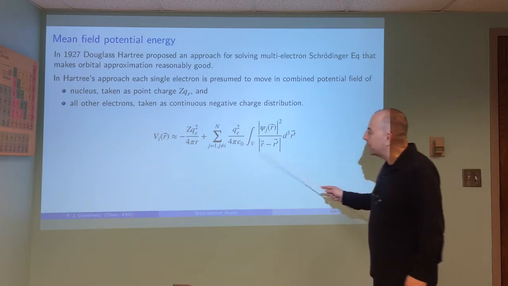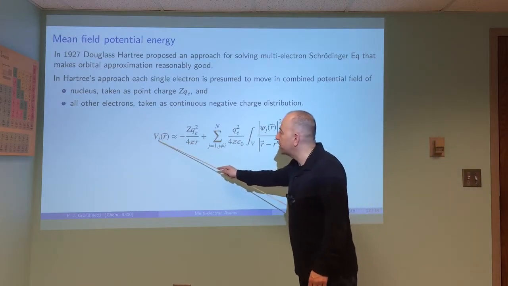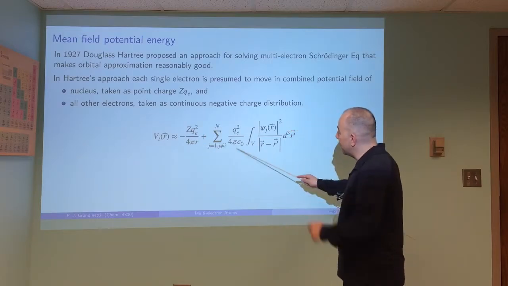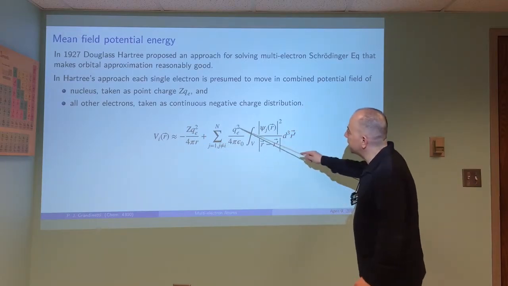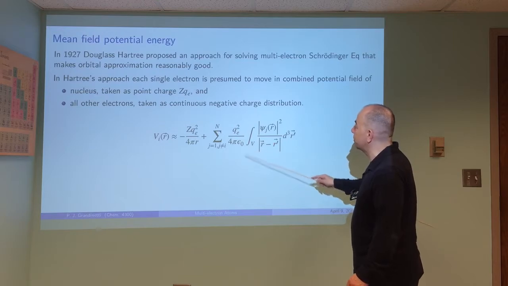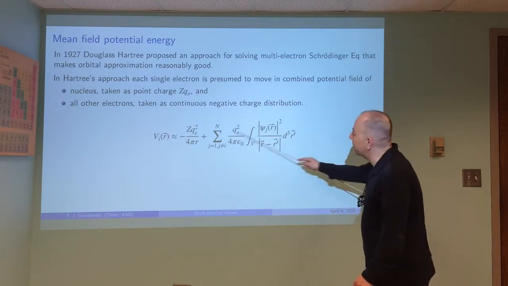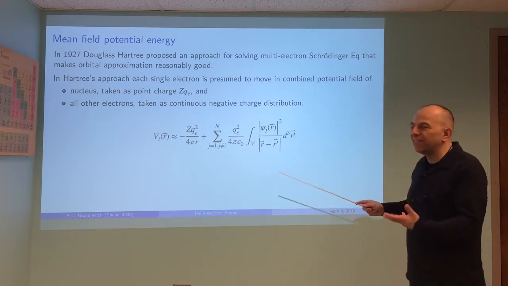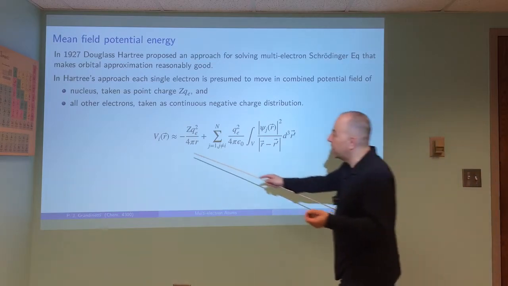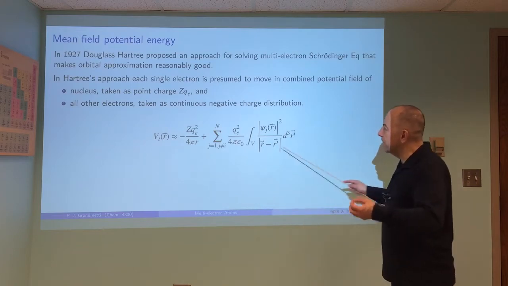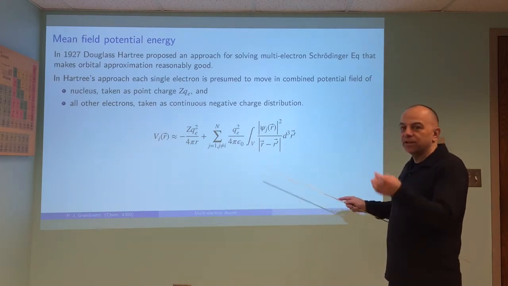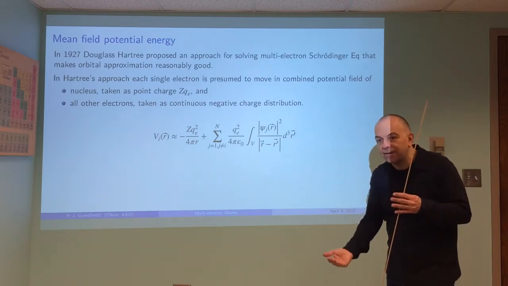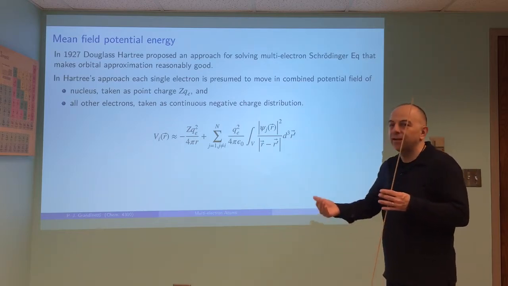So mathematically it looks something like this. The electron of interest, if I use an i there, is moving in the potential of the nuclear charge, plus this term, which is the Coulombic repulsion for the electrons, averaged over all the other electrons' wave functions. So this is going to be an iterative thing. You do this for the first electron moving in the field of all the other electrons, then you do it for the second electron, you do it for the third electron, and you end up with a whole bunch of refined wave functions moving in the mean fields.